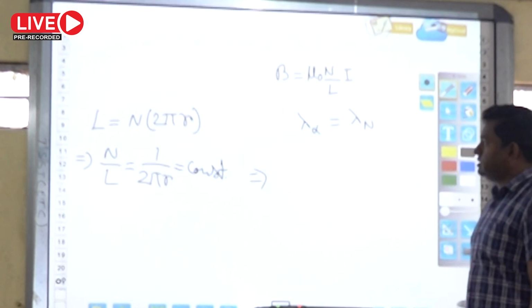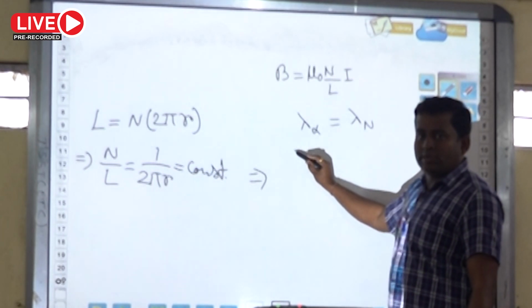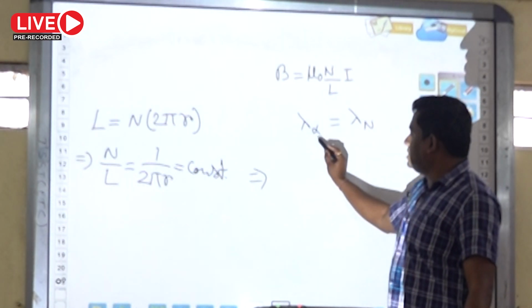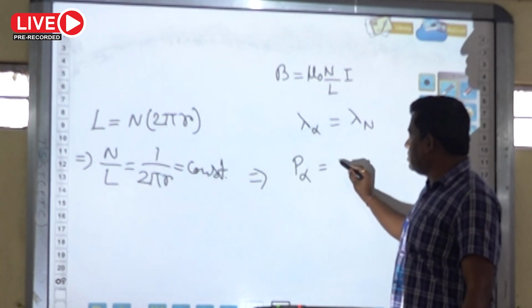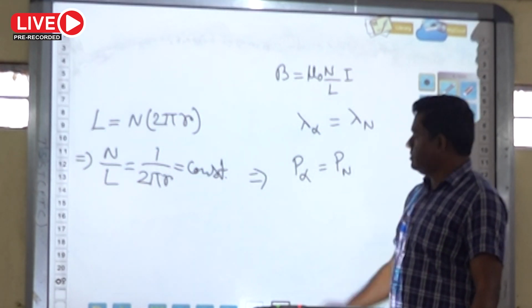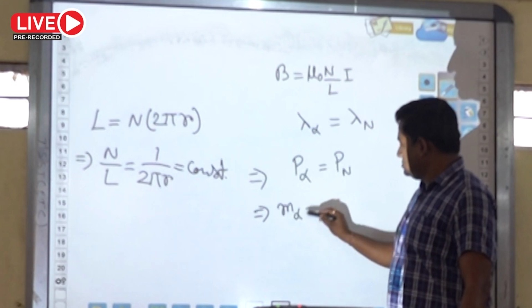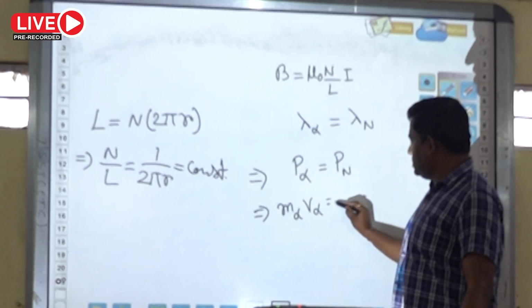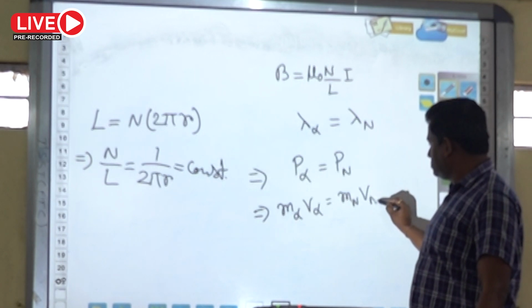Then the velocity ratio you have to find out. See, lambda equals h by p. So if this is same, then we can say momentum of alpha particle equals momentum of neutron. Then from this we can write m alpha into v alpha equals m neutron into v neutron.